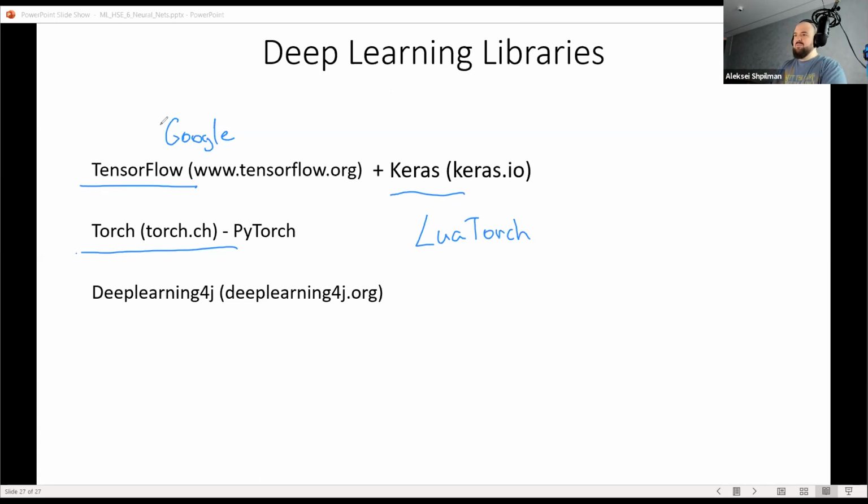But well, a good library is a supported library. So a small company called Facebook started to support it and made Torch the in-house library. And they actually released the PyTorch library. So PyTorch is Python. TensorFlow is Python, and PyTorch is, of course, Python as well.